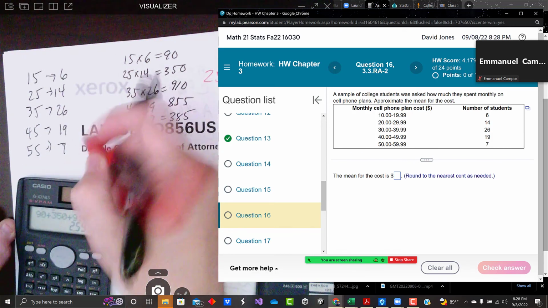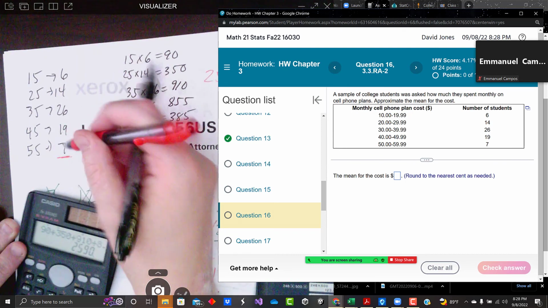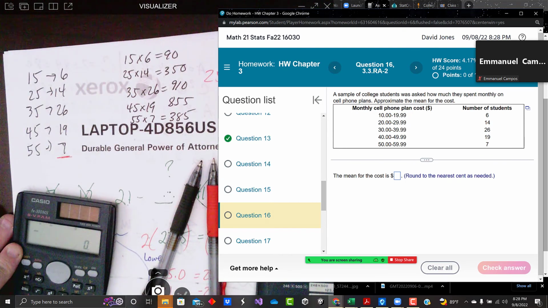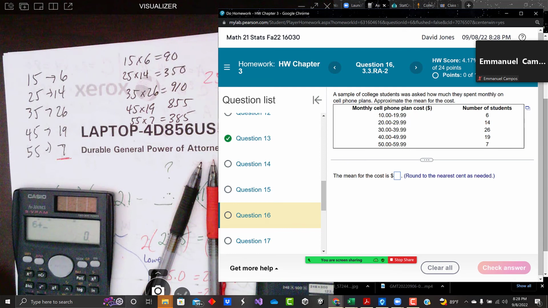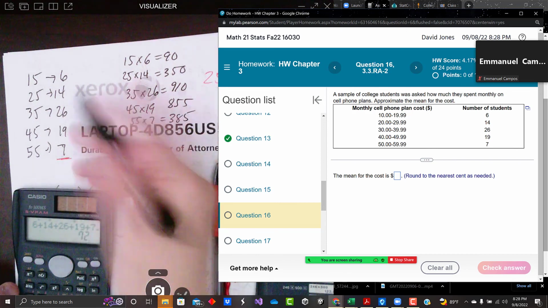And then we got to divide by the total number of students, which is this column. 6 plus 14 plus 26 plus 19 plus 7 is 72.